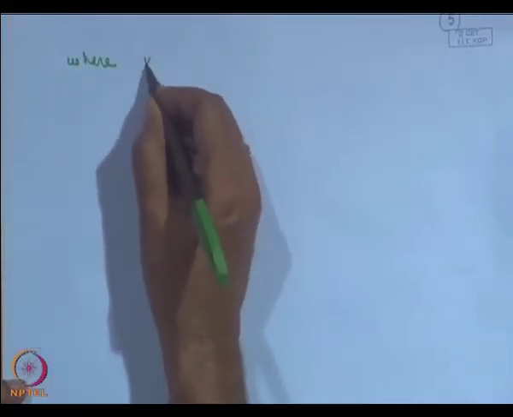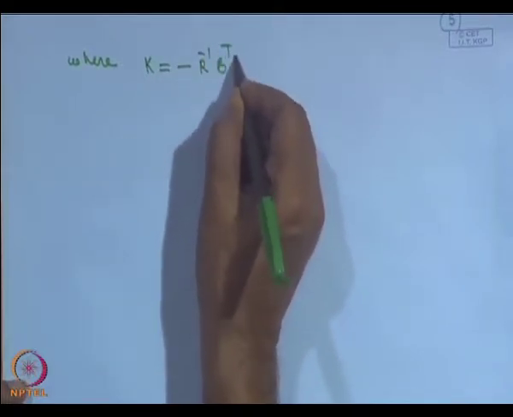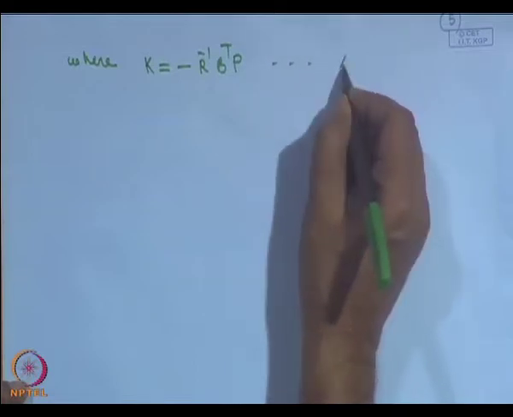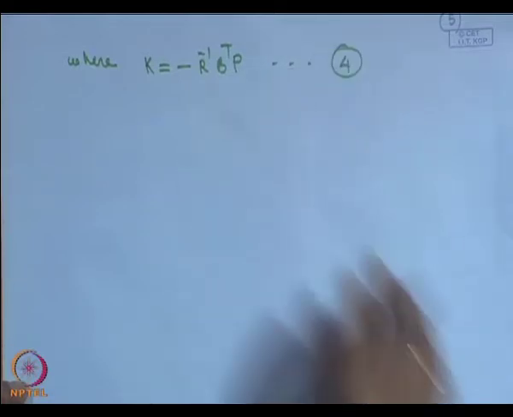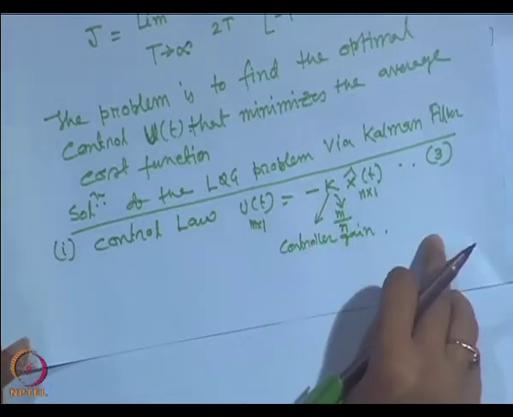So, let us see this one, where K is equal to minus R inverse B transpose P. Let us call this equation 4. As I mentioned earlier, K is designed the same as in the LQR problem.